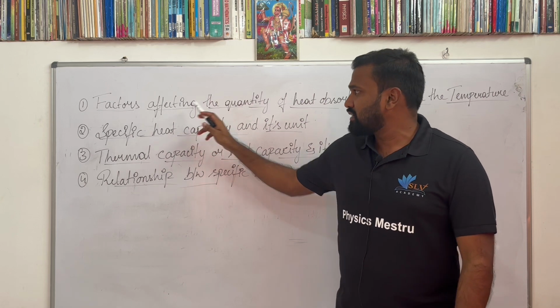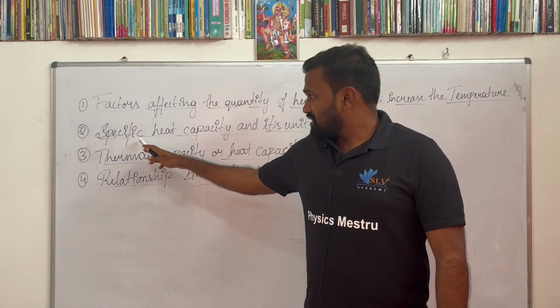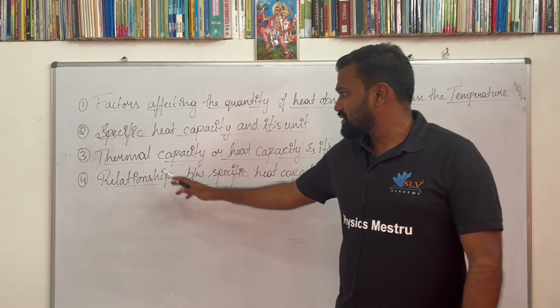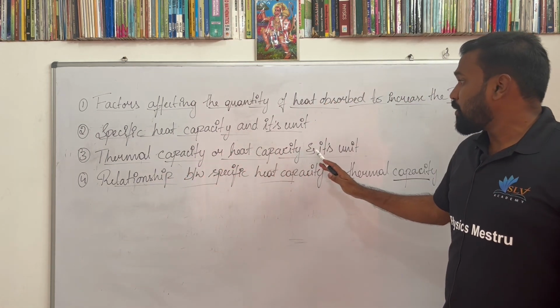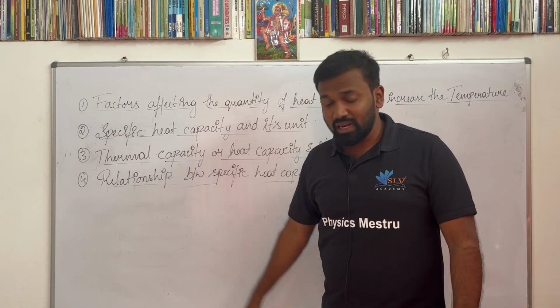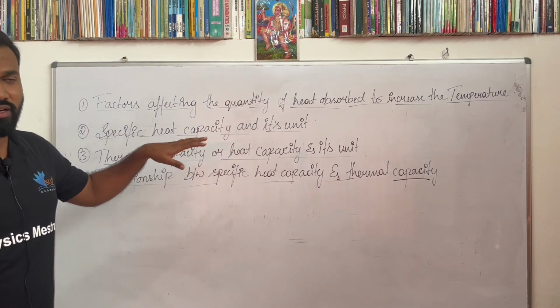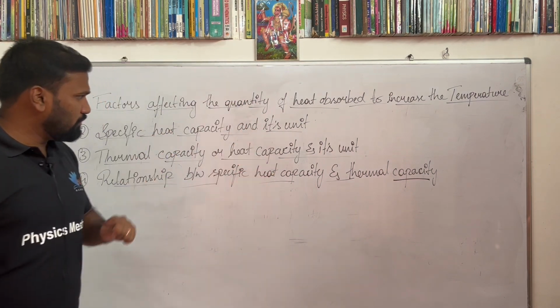That includes factors affecting the quantity of heat absorbed to increase the temperature, specific heat capacity and its units, thermal capacity or heat capacity and its units, and the relationship between specific heat capacity and thermal capacity. So these are the 4 concepts that we will be learning today in this video.